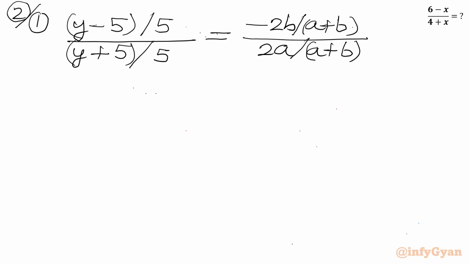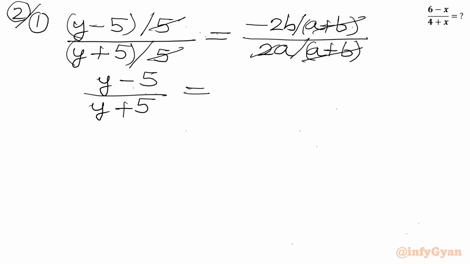Now we can cancel by flipping the denominator's fraction. So I am cancelling directly 5 and 5. This will give us (y minus 5) over (y plus 5) will be equal to minus b over a.